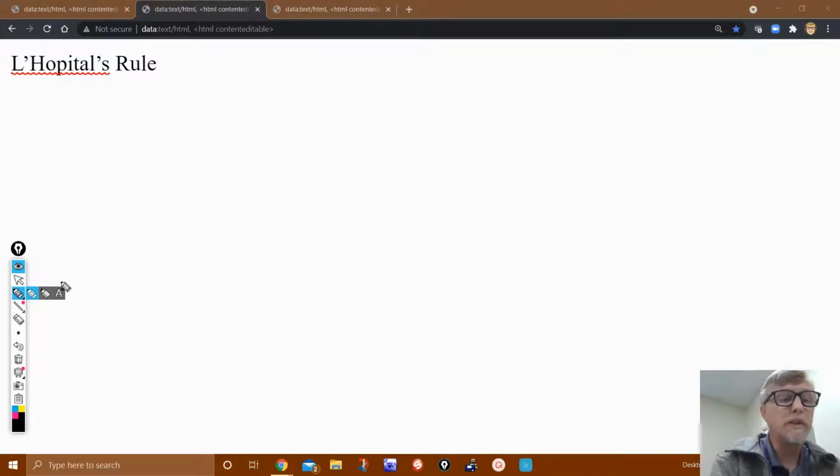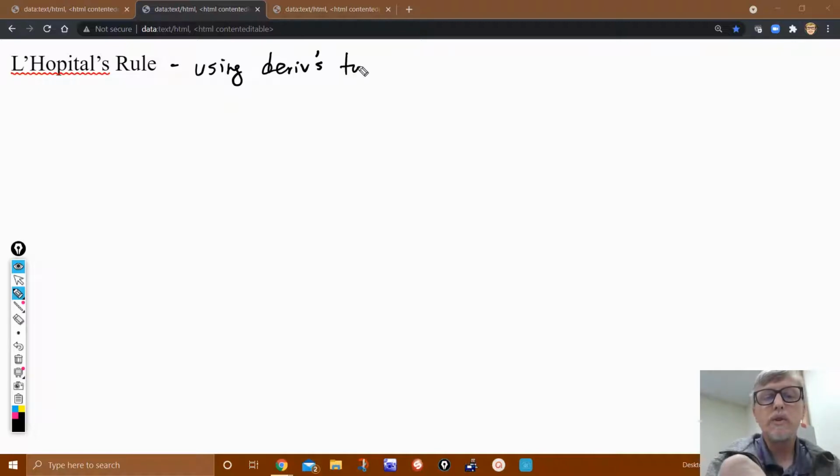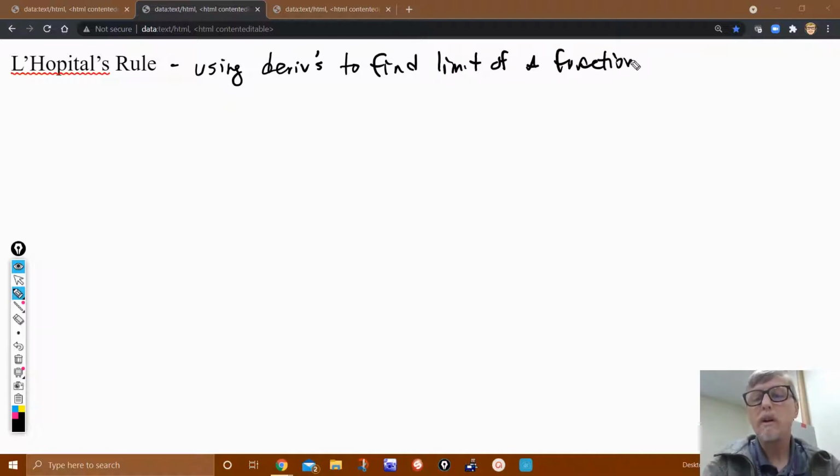All right, so L'Hopital's rule is a way of using derivatives to find the limit of a fraction. Okay? And here's a really easy example of this.